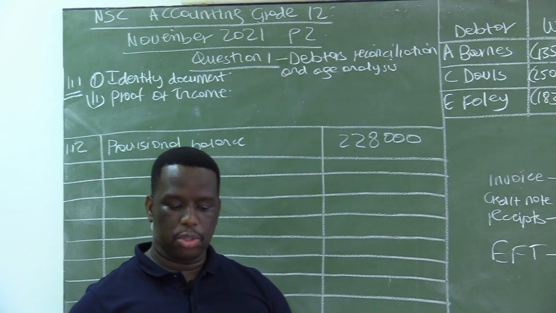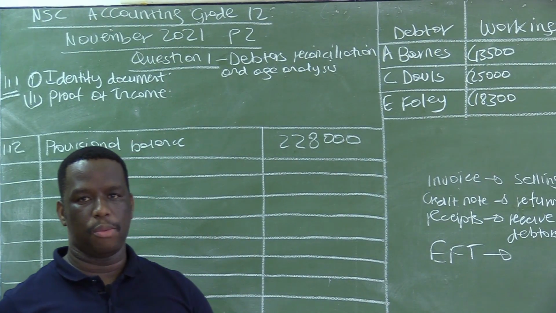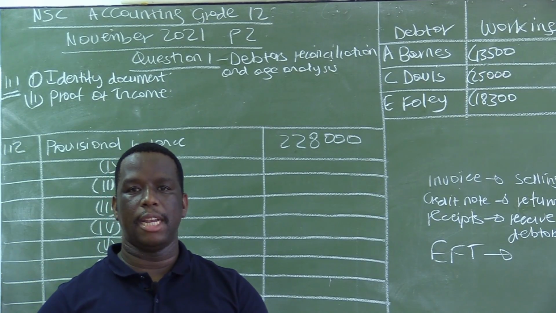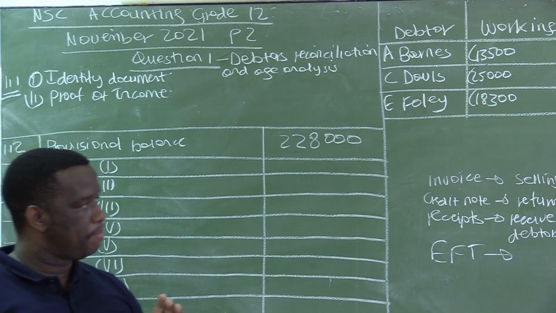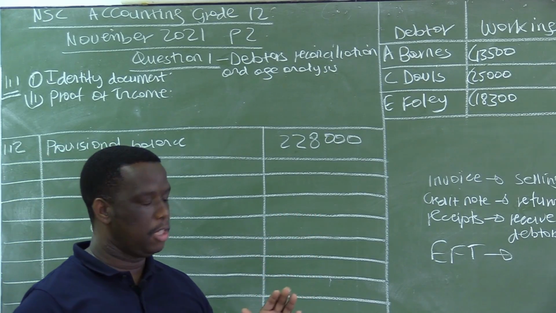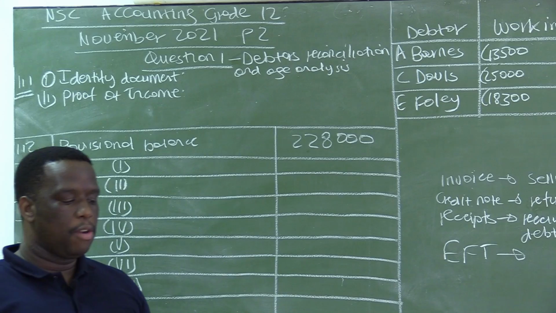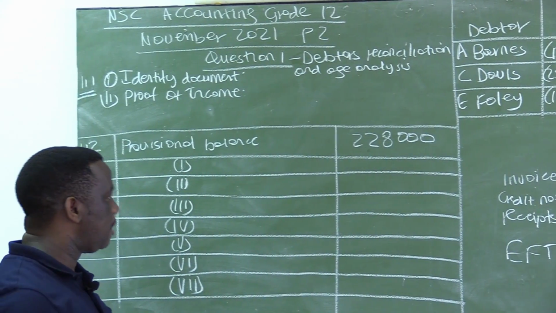So we sold goods on credit to A. Barnes. You can see it is very important to understand the documents, because no statement tells us that we were selling. We are just told that we issued an invoice. But because invoice is issued when we are selling, we understand that we sold goods to the value of 1,750 to A. Barnes, but that was not recorded.